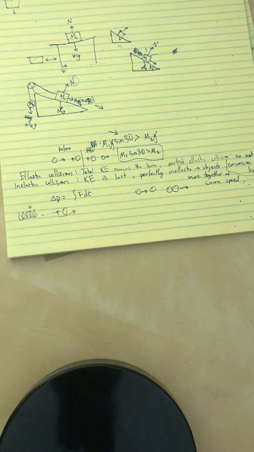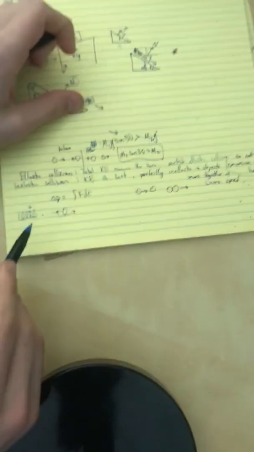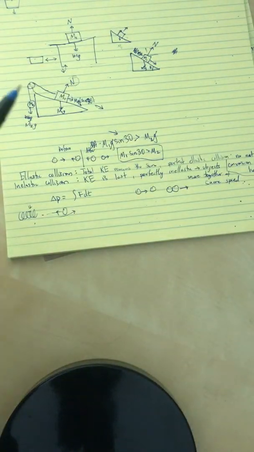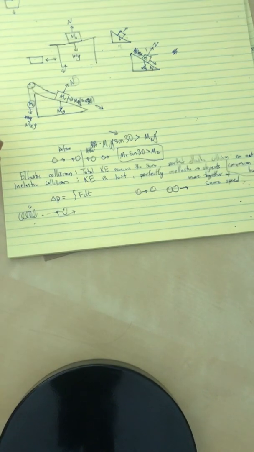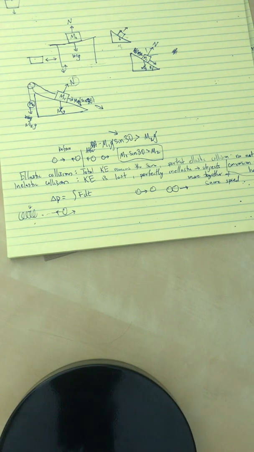So the spring, like I explained down here, once cart A hits the spring attached to cart B, the potential energy that the spring has means that there's actually going to be more kinetic energy after the spring is compressed in the two carts because of the energy that the spring adds.